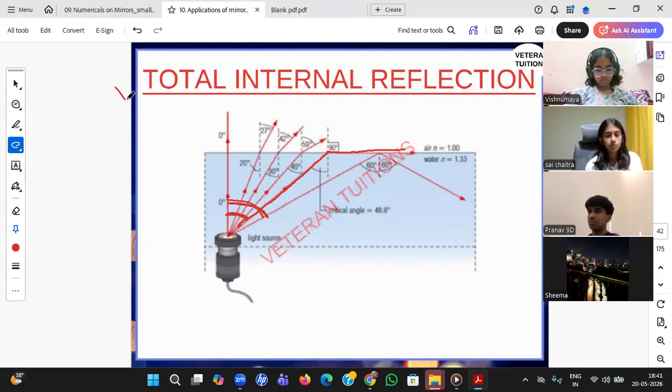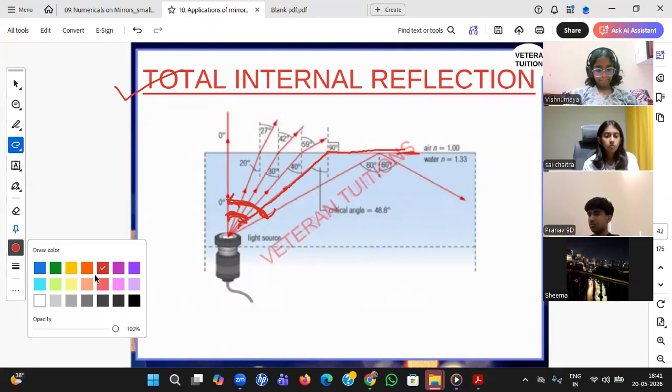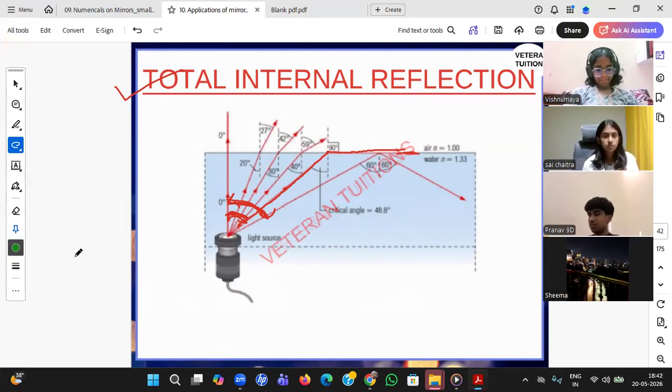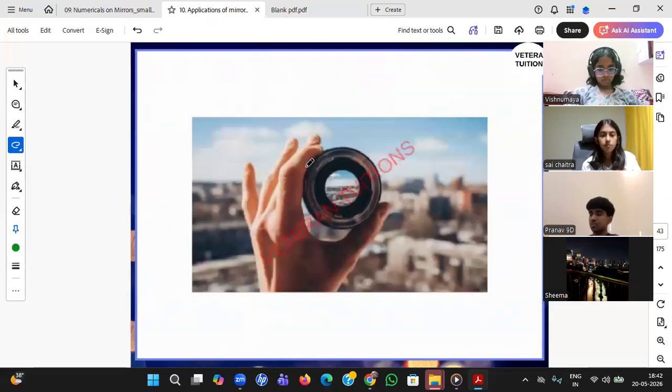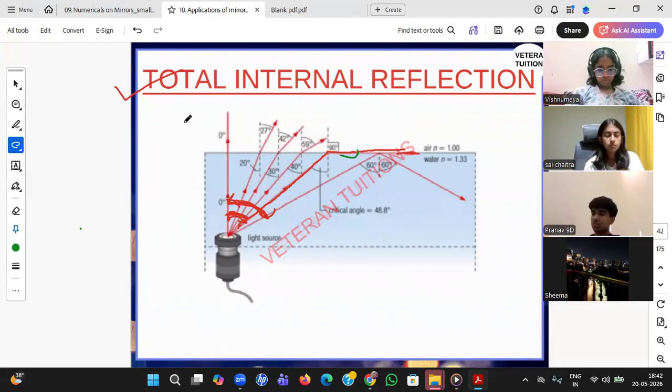So this is total internal reflection. Whenever my angle of incidence is more than the critical angle, total internal reflection happens. So try to recall the things, check your notes sometimes. And if somebody has missed the session, ask me for the recordings. This is a quick recap of all the refraction we have done in the 3 sessions.